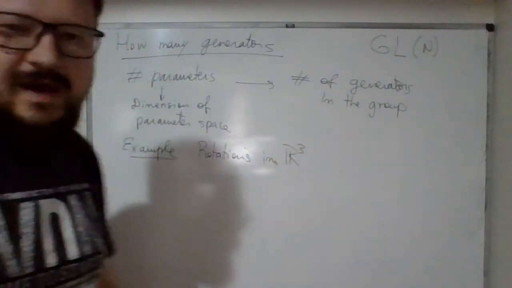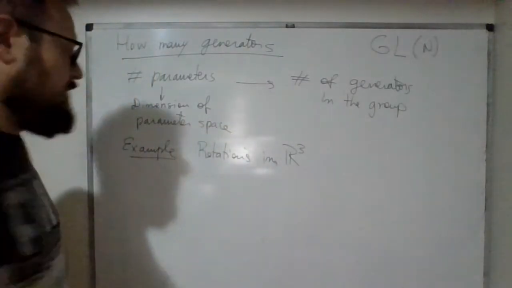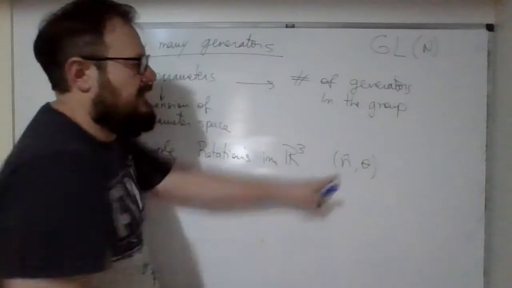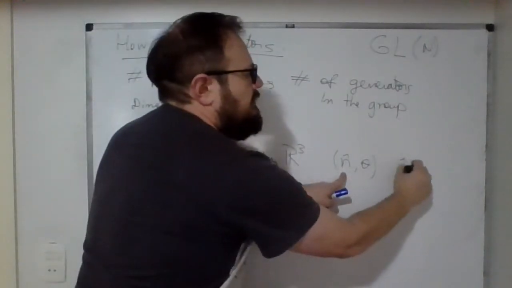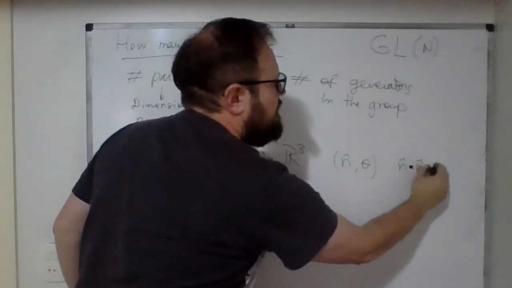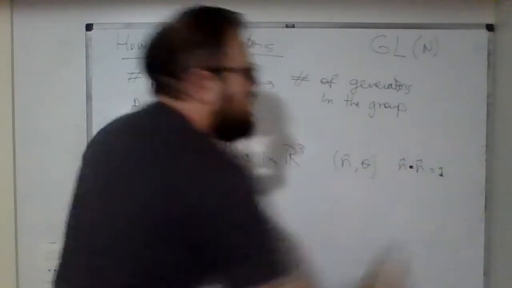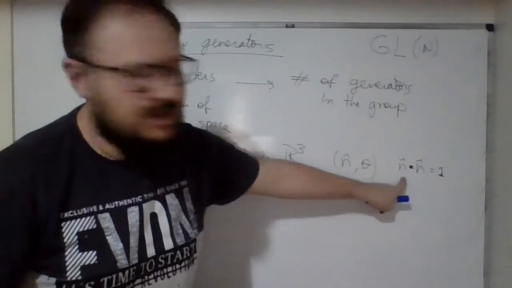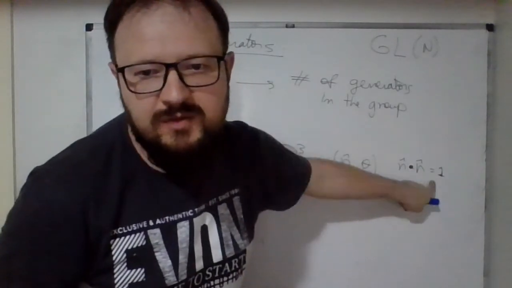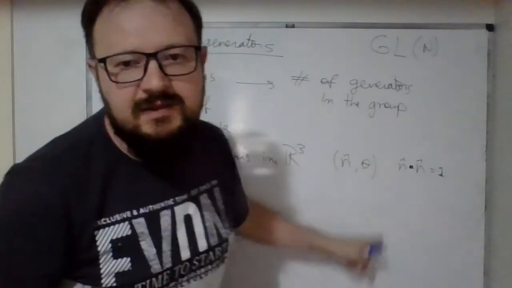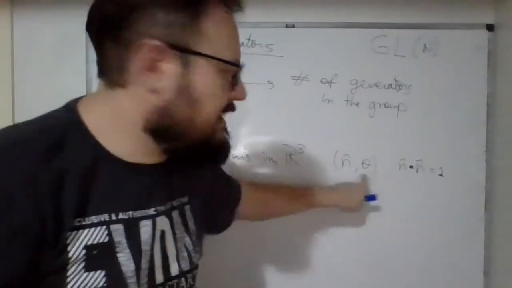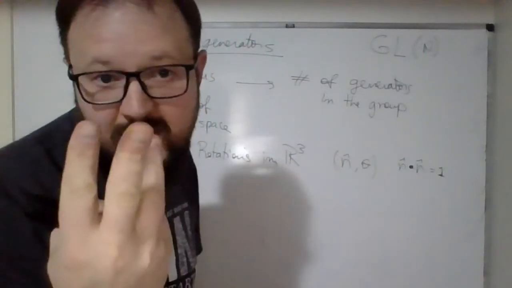You need to specify a unit vector and an angle, and this unit vector specifies a direction, so it has a constraint because the direction implies that n dot n equals 1, so the scalar product with itself is 1, and in this case you have just two free parameters in n and the angle of rotation, so there are 3 parameters.